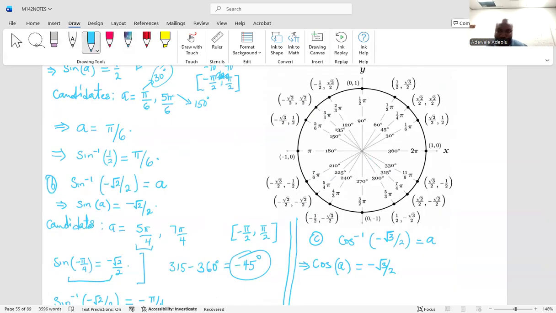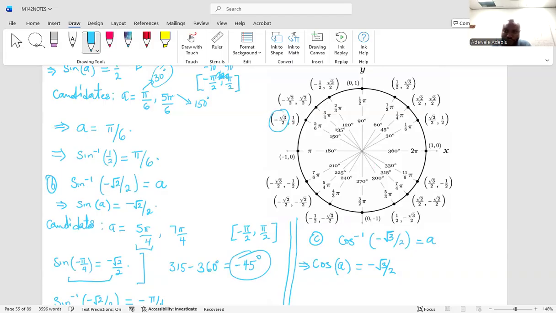Now the question here is, we are looking for some angle such that the cosine of that angle is negative root 3 over 2. Well, let us look for negative root 3 over 2 for cosine. Remember, cosine is x values. So negative root 3 over 2.